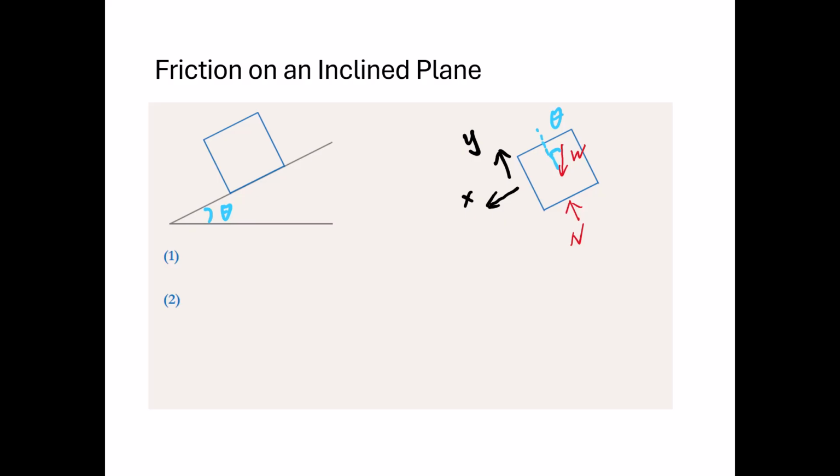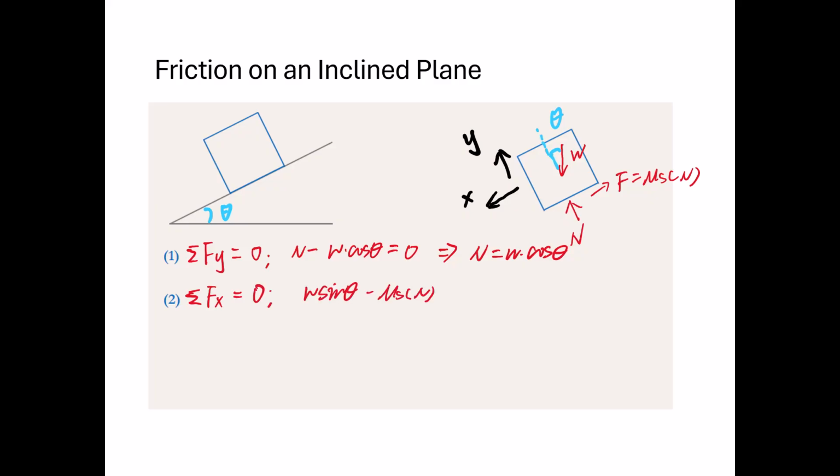So let's use our equations. Sum of Fy equals 0, which means N minus W cosine theta equals 0. We can get N equals W cosine theta. And sum of Fx equals 0, so W sine theta minus mu s times N equals 0.